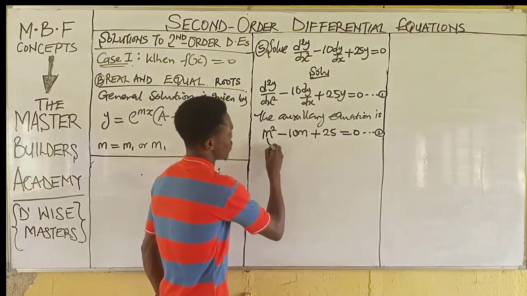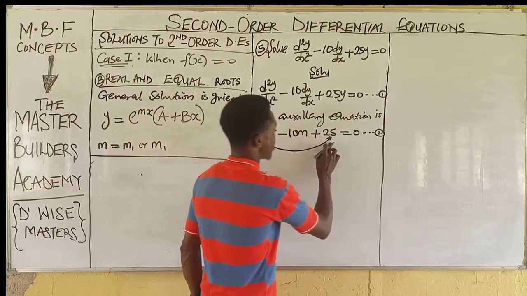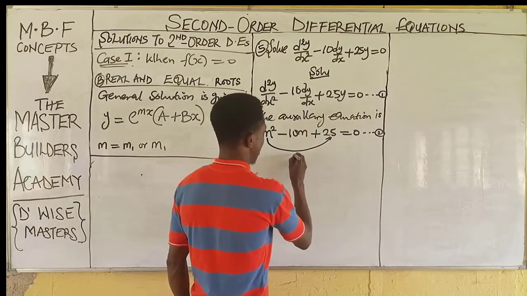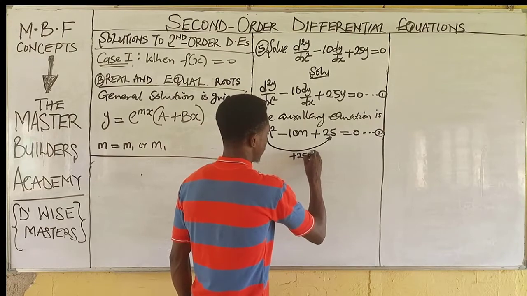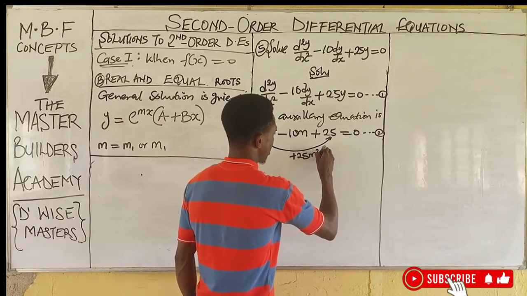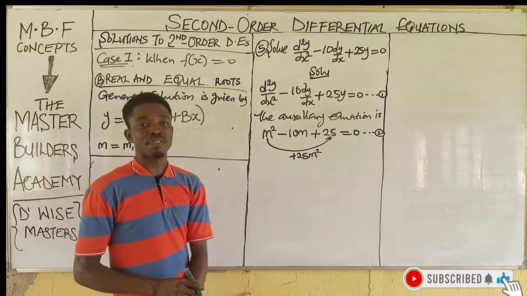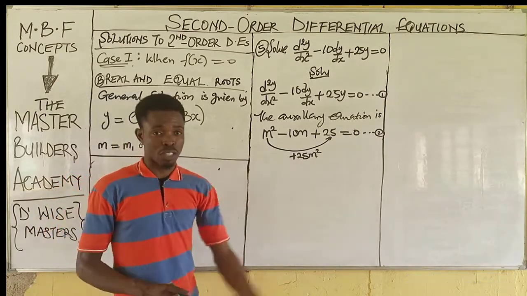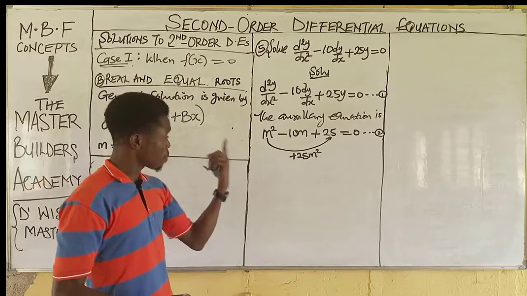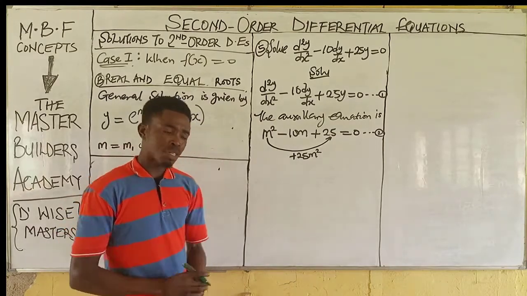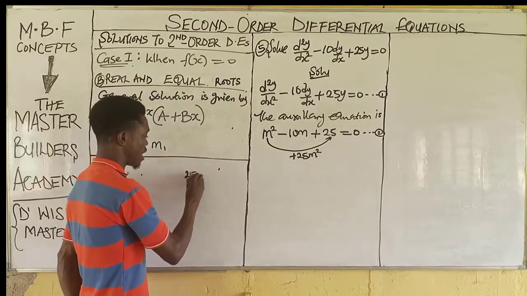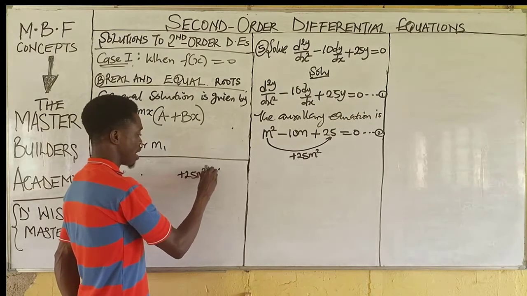Then we will make use of factorization where the highest degree of m multiplies the constant, and this gives us plus 25m squared. Now, for the product of 2 factors to be positive 25, we want to look for 2 factors such that when we multiply them, they give us 25m squared.